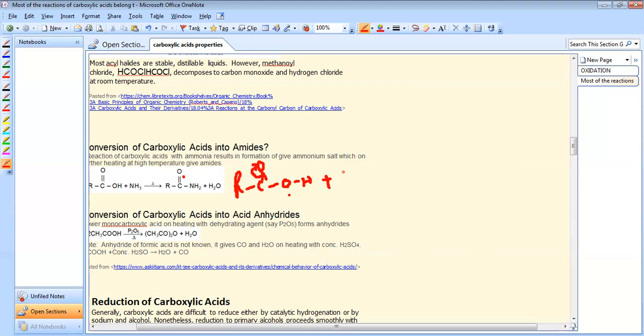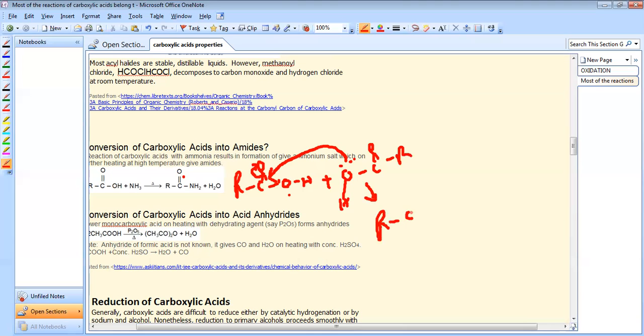Reaction with another acid. This is hydrogen, C double bond O R. Again, this lone pair of electrons attacks the carbonyl carbon, so that facilitates the shifting of one of the pi bonds to the oxygen atom.